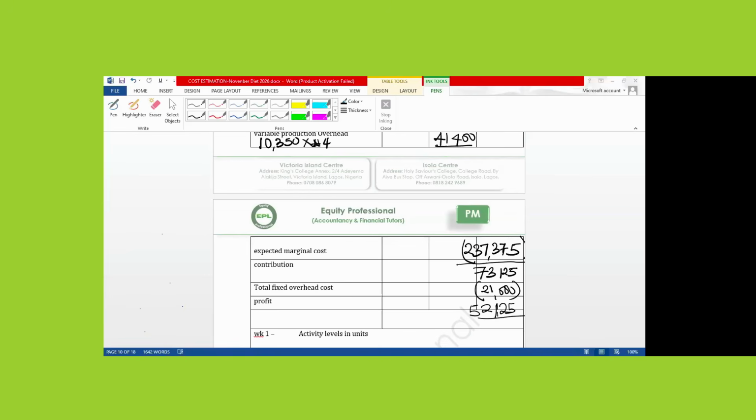I'm going to share it now. Price theory.